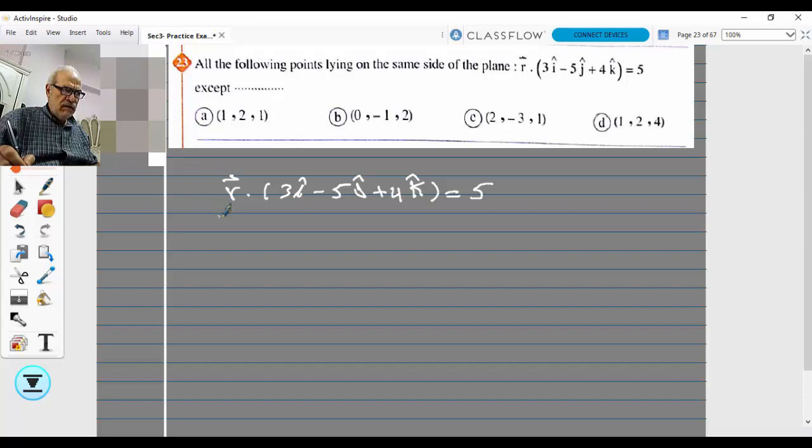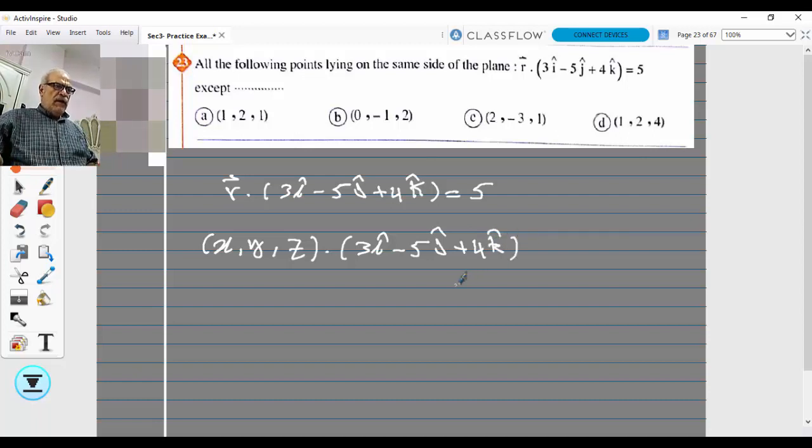We know that r is the point x, y, and z. It is a general point on the plane, dot 3i minus 5j plus 4k equals 5. This is the equation of the original plane.